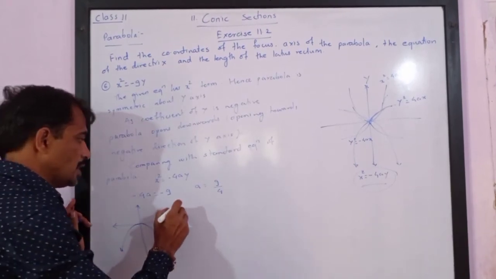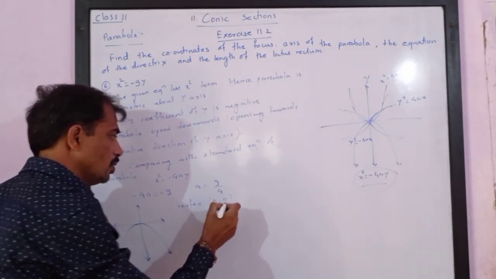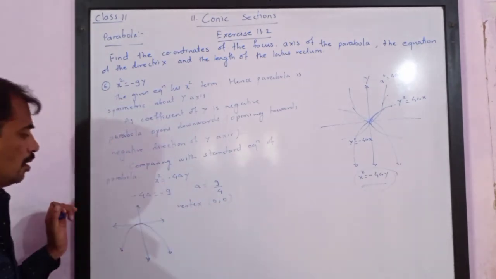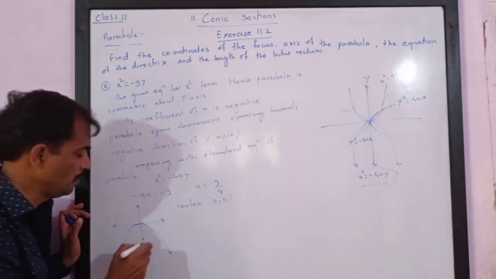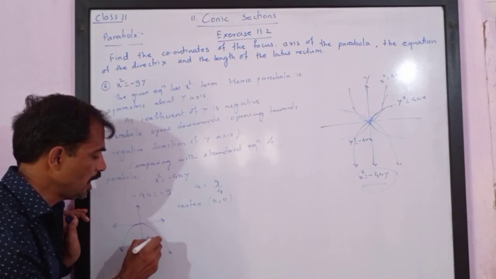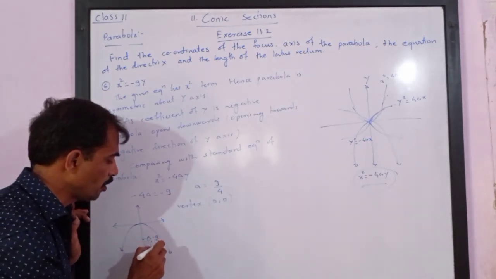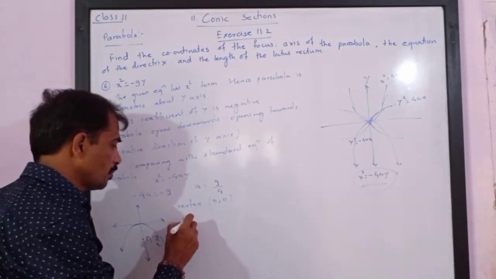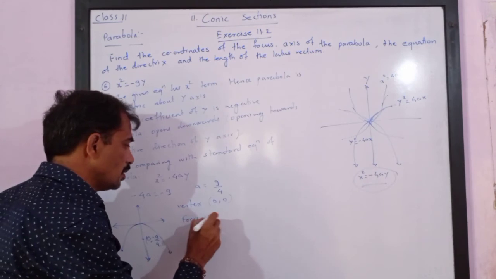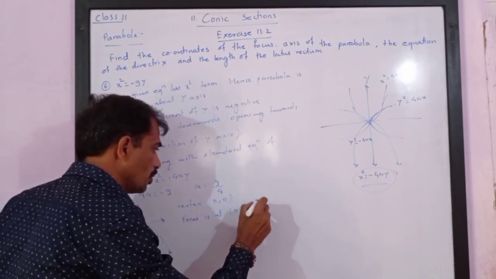So here the vertex is at 0, 0, then the focus is at, please note it is on the y-axis, so its x coordinate will be 0 and the y coordinate is minus 9 upon 4. So the focus is at 0, negative 9 upon 4.